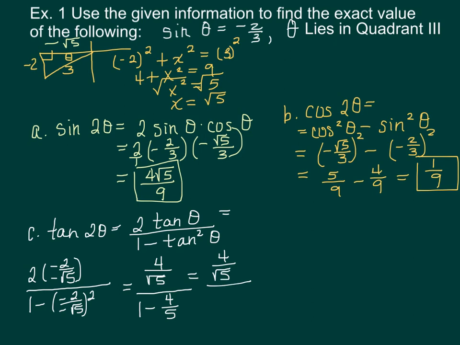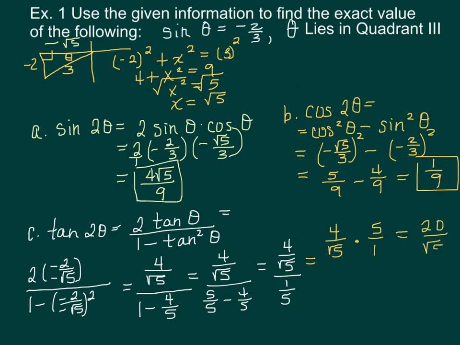And in my denominator, I'm going to make that 5 fifths minus 4 fifths. Which is 1/5. And then I'm going to do keep, change, flip, which will be 20 over square root of 5.